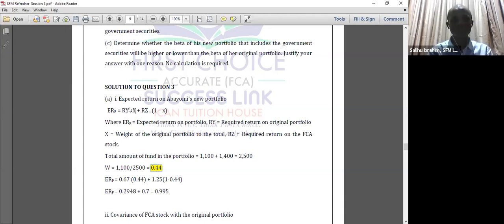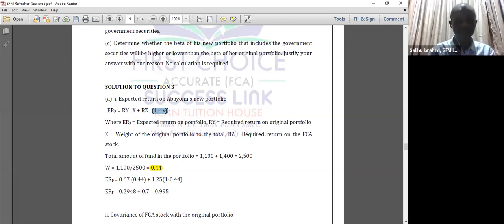This is RY, the return on my original portfolio, multiplied by the weight of the original portfolio with respect to the total portfolio. Now, I will say plus the return on the FCA stock, that is Z, multiplied by the weight of the FCA stock in the portfolio.